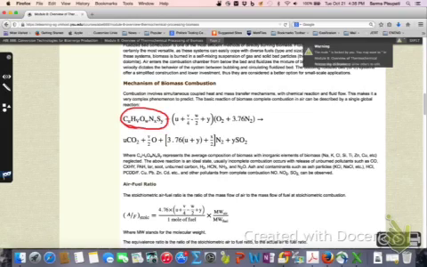When we burn this material, we need U moles of oxygen.